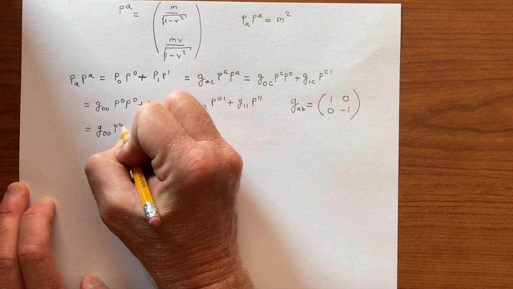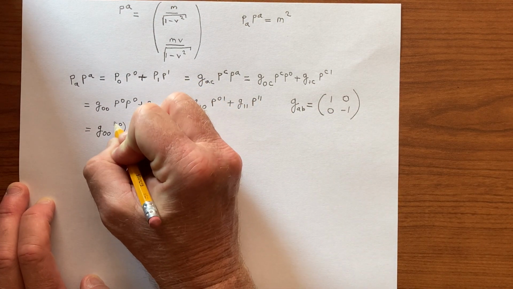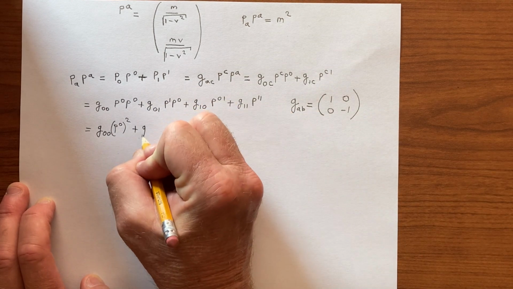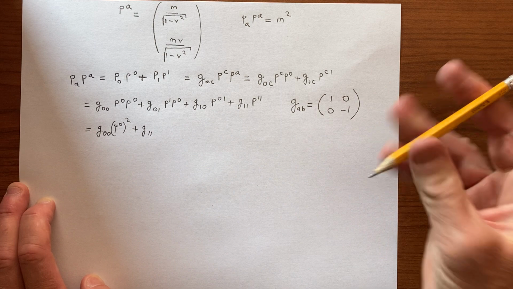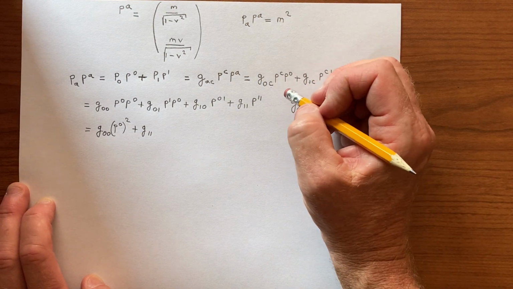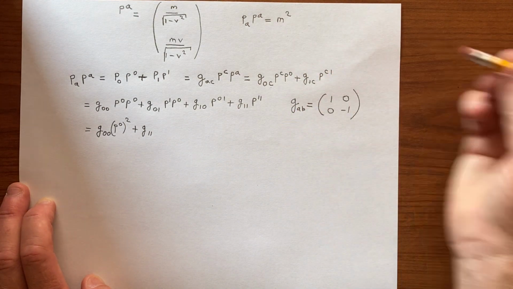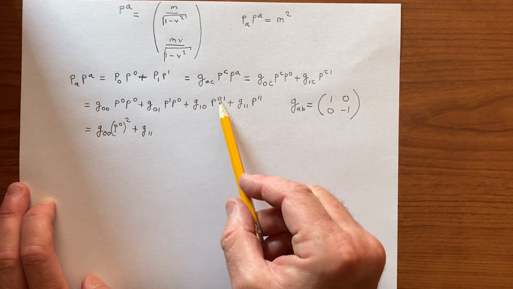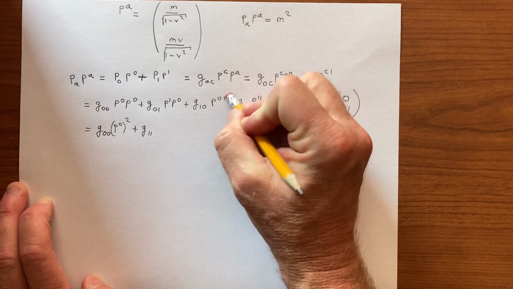So we have P^0 P^0, or P_0 squared, plus G_{11}. Oops, what did I do here? I made a mess of these two terms. Let's write these again.